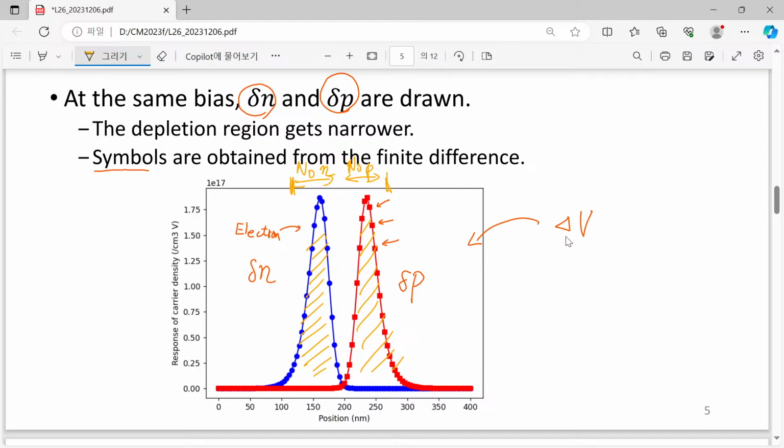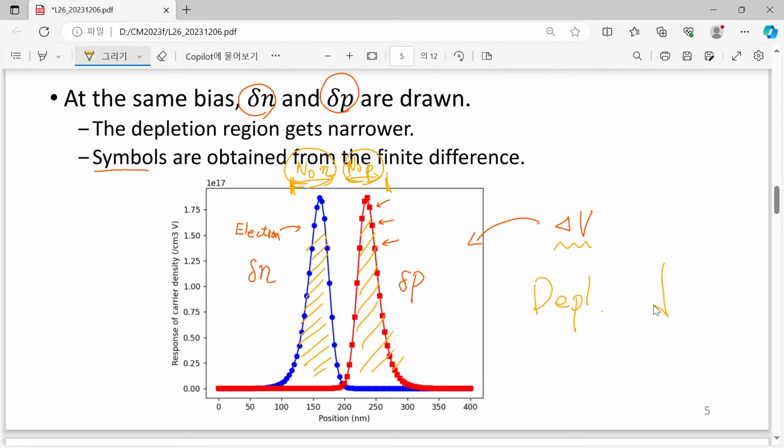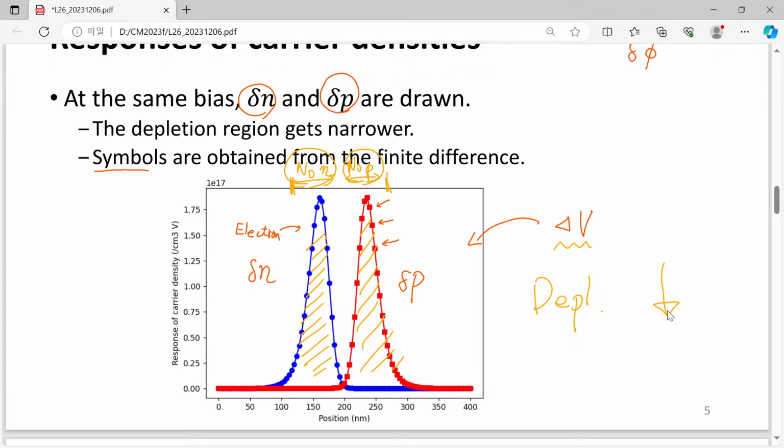However, by applying additional positive voltage, we can collect more electrons in no electron zone and also collect more holes in no hole zone. So what is it? It simply means that now depletion layer, its width is now reducing. So depletion width is now reduced.